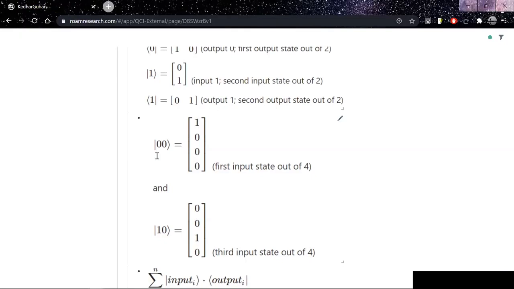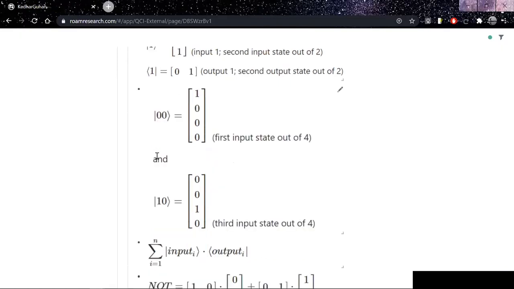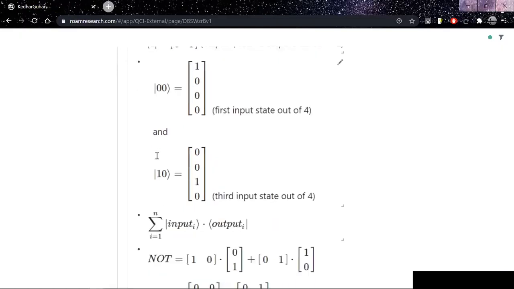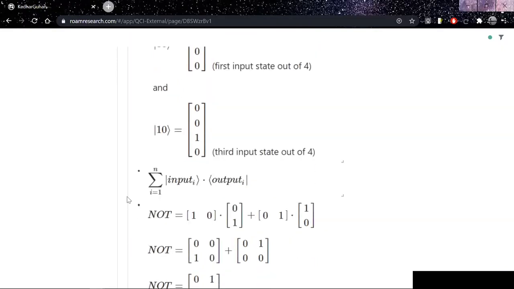This is the basic representation of them in mathematics. This will be very useful going forward, because all the algorithms are basically manipulation of the states using mathematics. Any gate can be represented as the span of the vectors, input dot output.